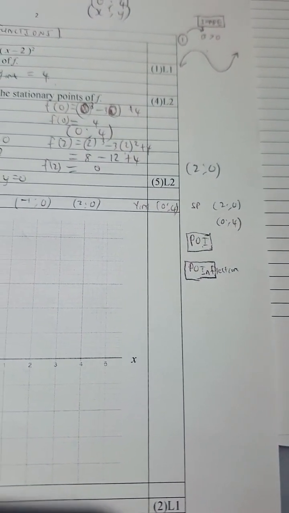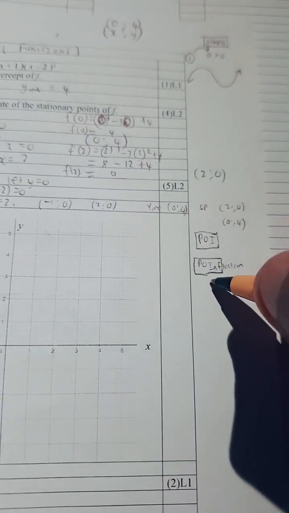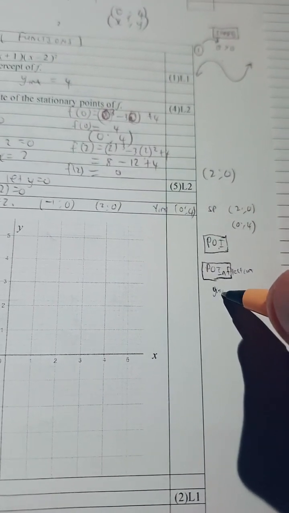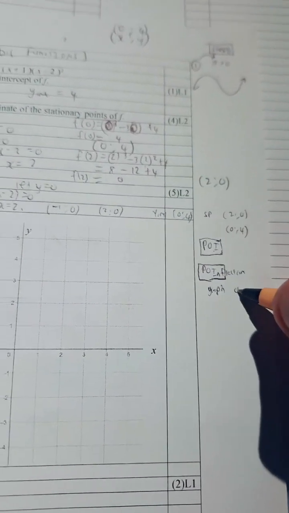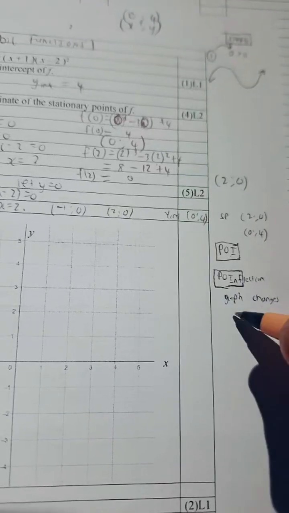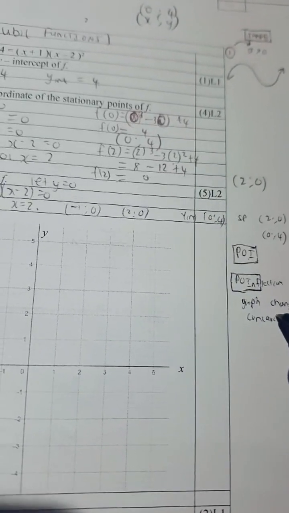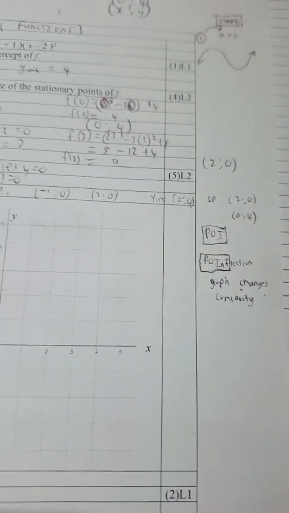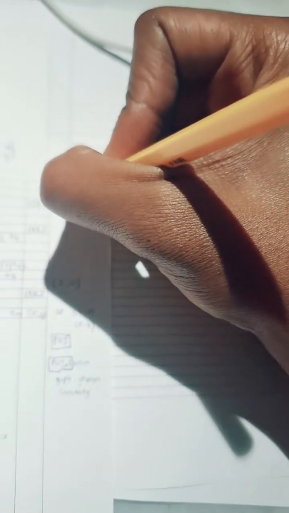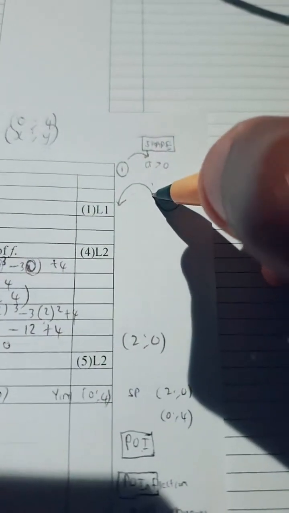In other words, what is the point of inflection? It's where the graph changes concavity. Yeah, it changes concavity, and for this one it would be smack bang there.